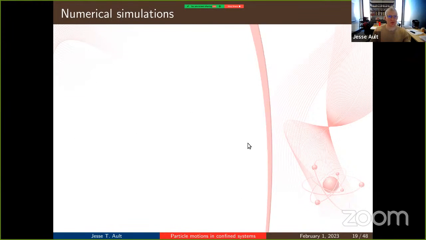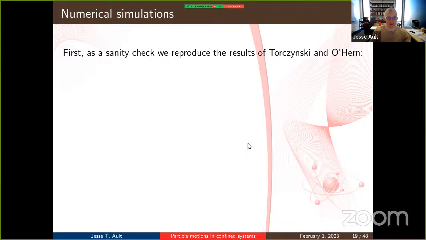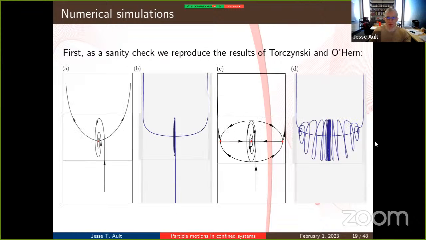So looking at some of the numerical simulations we've done, first, just as a sanity check, we reproduced the results of Torchinsky and O'Hearn. We redrew their schematics and simulated the flow at the same Reynolds numbers. You can see that we do get similar effects. The interesting thing here is on the left at the low Reynolds number, flow spirals down to this center plane stagnation point.